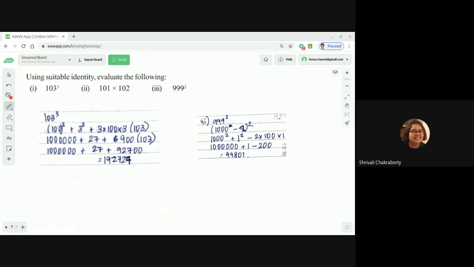Yes, sir. So these are very important things, and we are learning. No problem. Mistakes happen. You missed a 0, not a 9. In this one, you missed a 0, no? It will be 998,001. Yes, sir. It has to be 998,001. And in this case, it has to be 1092727.